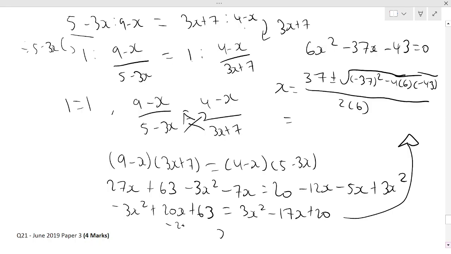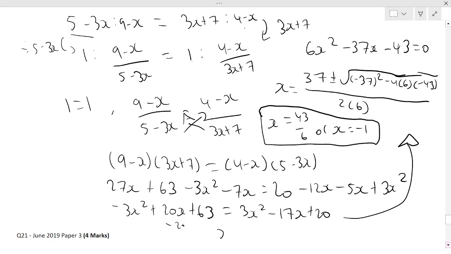And then you can just put that into the calculator, right? And so our solution is x is 43 over 6, or x is minus 1. Okay, cool.